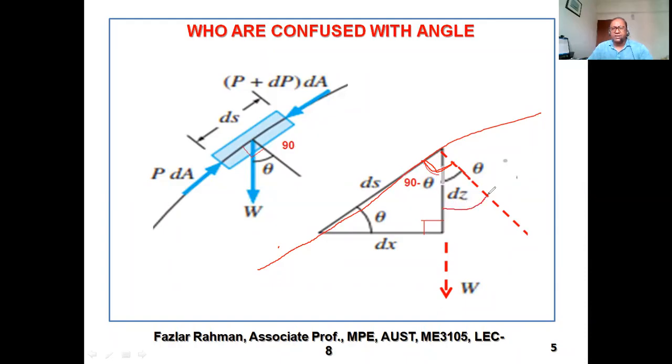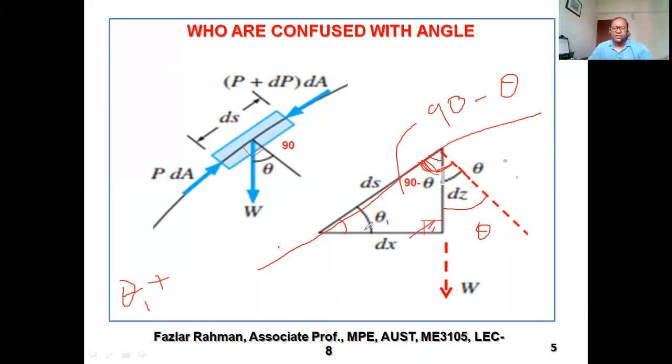So this angle is theta, and this is 90. So how much will this angle be? Obviously, this angle will be 90 minus theta, right? Say this angle is theta 1. So this theta 1 plus this angle and this angle, the summation will be how much? Obviously 90, because this angle is 90.